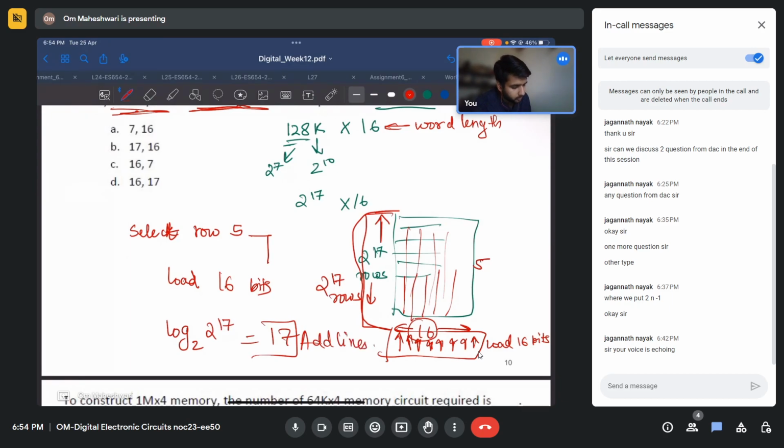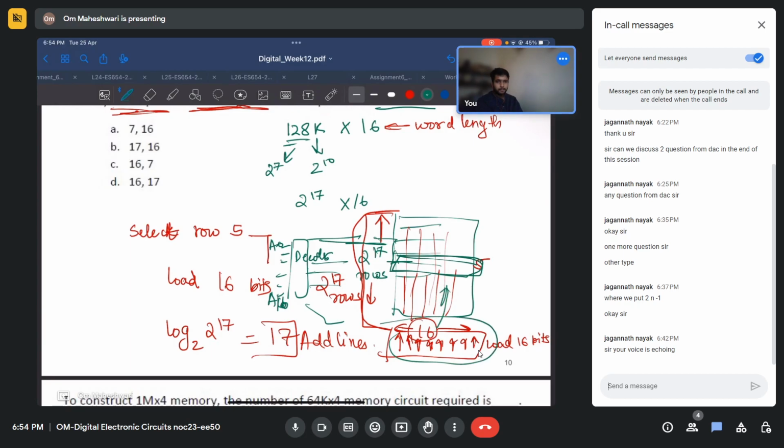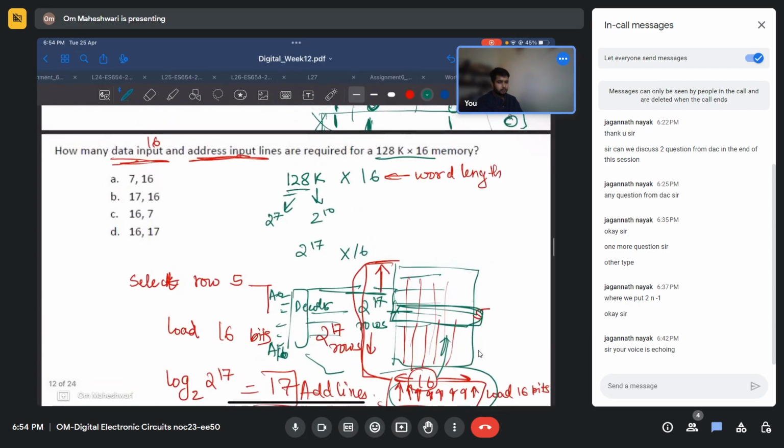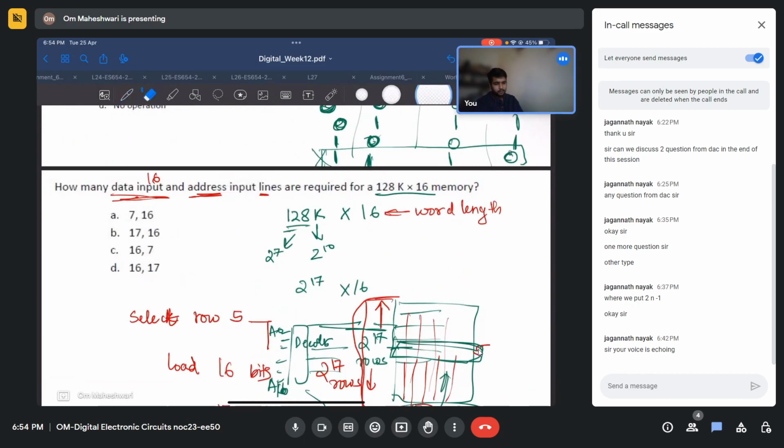So we will have a decoder with 17 inputs, A0 to A16, and it can access all these 2 to the power 17 rows. This decoder will select the row that we want to load, and once row 5 is selected, we will input 16 bits in it at a time. So data input is 16 and the address lines are 17. It should be 16 comma 17.